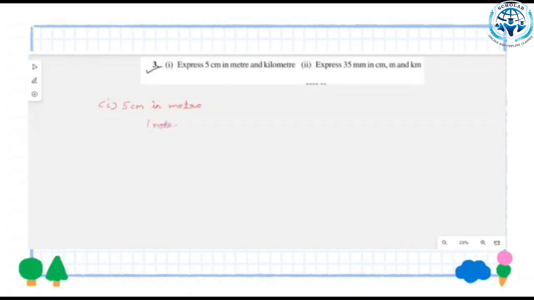So we will divide 5 by 100. Putting decimal point, we get 0.05 meter. If nothing is written before decimal, we put 0.